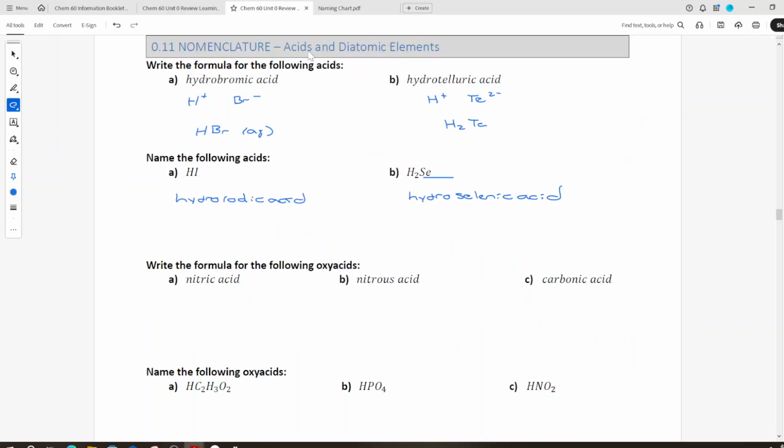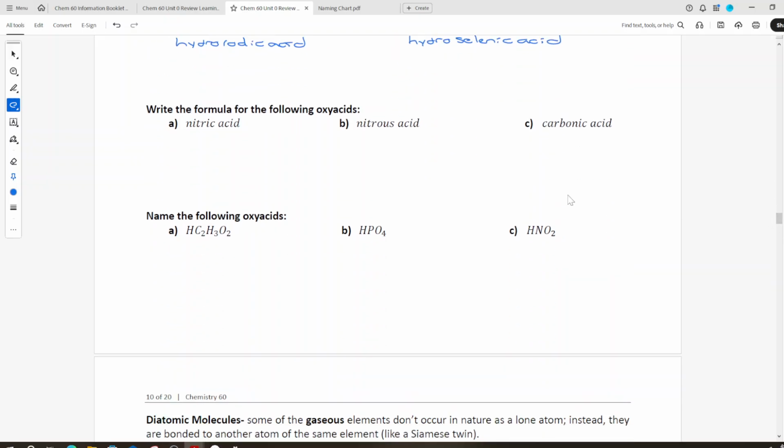So let's try some. We are going to write the formula of these oxyacids. So again, it ends in acid, but there's no hydro to start. So I know I'm talking about an oxygen-containing polyatomic ion that is part of my acid. So if I'm looking at nitric, ic goes to ate.